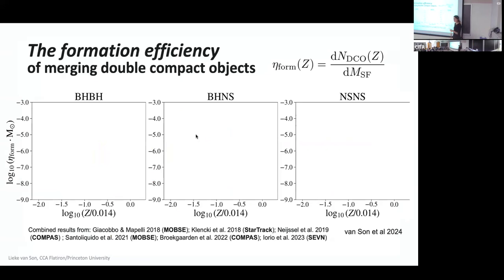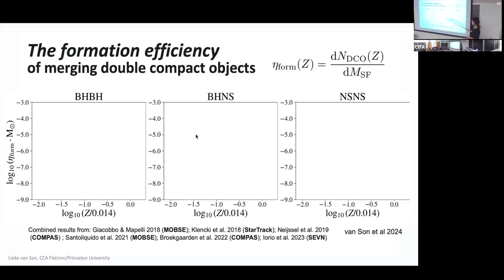This claim comes from results of the formation efficiency as a function of metallicity. This is something that people have been consistently finding over the last 6 years or so. So basically what I'm going to show here on the y-axis is formation efficiency, which is the number of merging double compact objects that you form per star formation, so per solar mass of stars formed, as a function of metallicity.